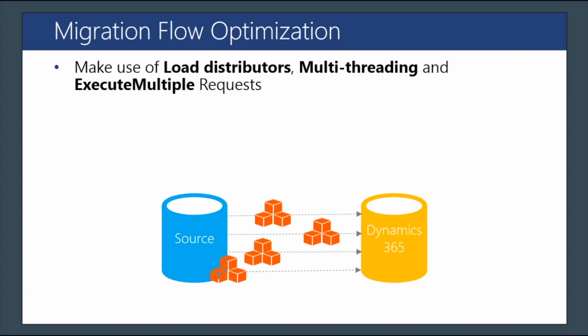With less complexity, you can actually increase the batch size and make it perform differently. Generally, we've seen, and this is not a rule, just based on experience, customers playing with batch sizes between 200 and 500 requests per execute multiple, sorry, not records, requests per execute multiple. Per batch, and then play with that a little bit depending on the complexity of the entity.